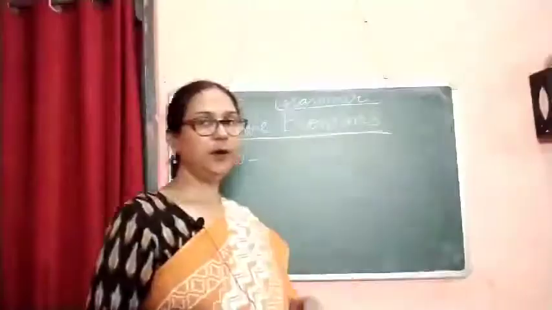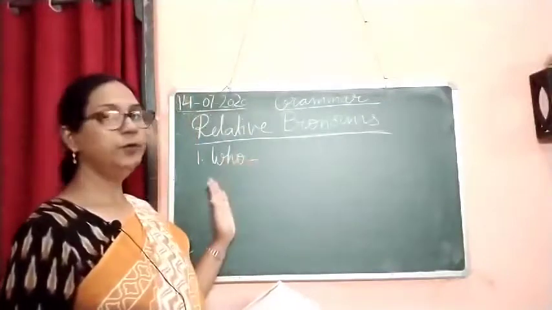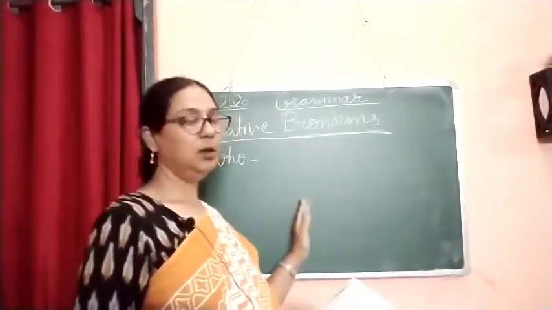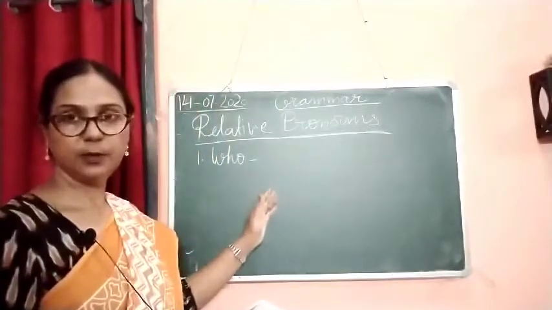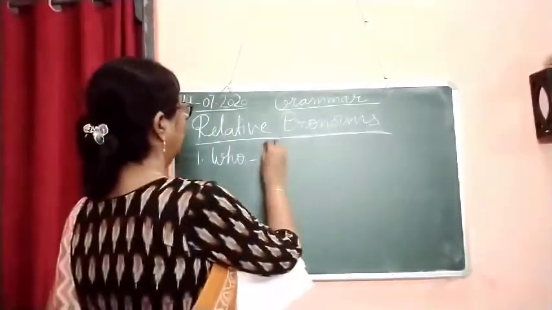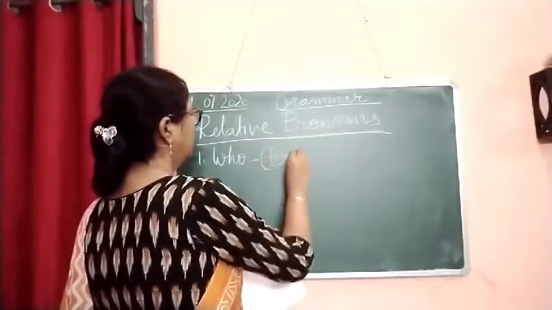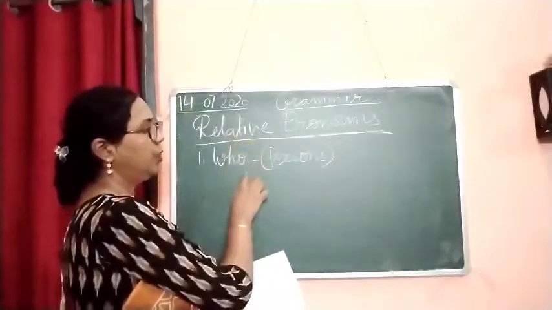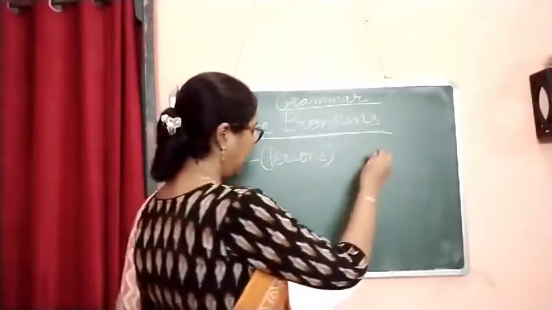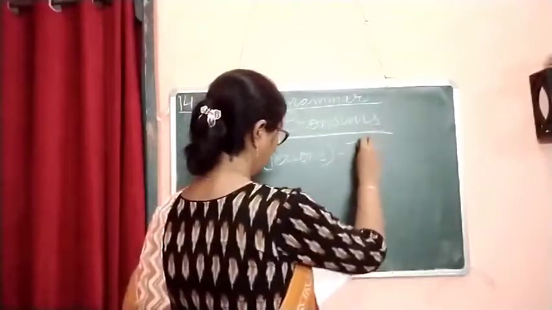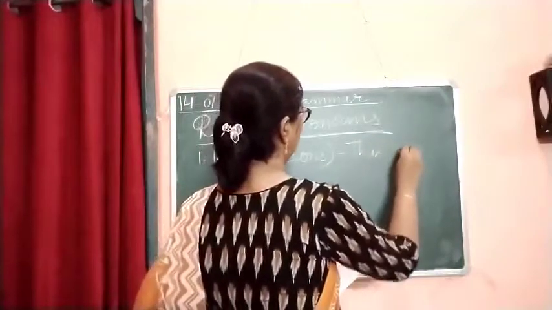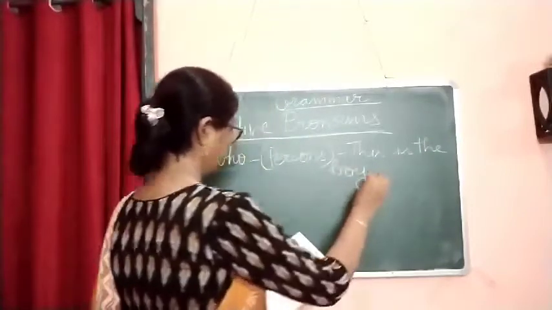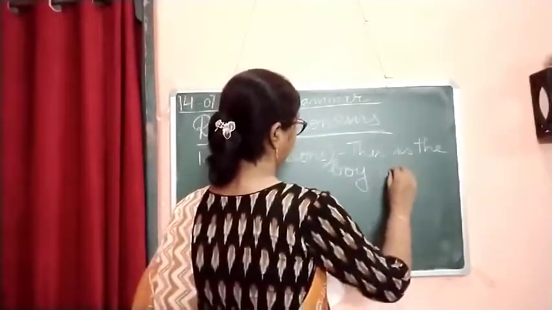So for example, in relative pronouns, the first word is who, showing the relation for persons. It is used over here in relative pronouns for persons. For example, this is the boy who is my friend.